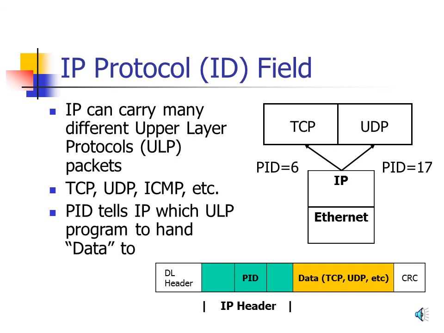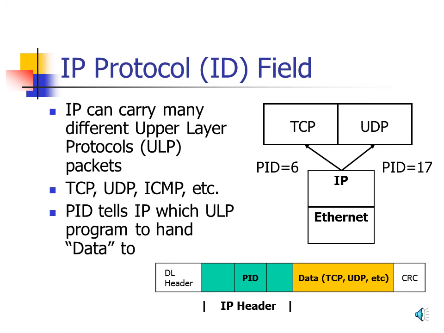IP protocol ID field. Now, IP can carry a number of different upper layer protocols. Inside an IP packet could be a UDP packet, it could be a TCP packet, it could be an ICMP packet, it could be a lot of different types of packet. Well, the protocol ID field inside the IP header is a number that tells IP what type of data is inside it.